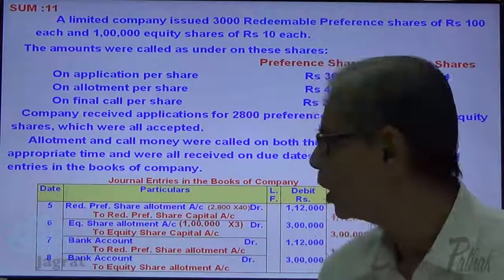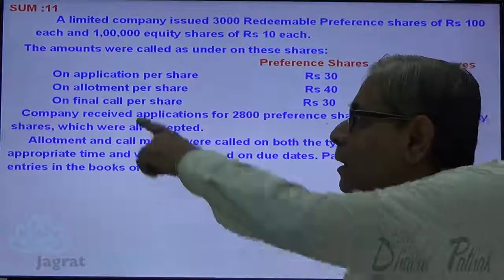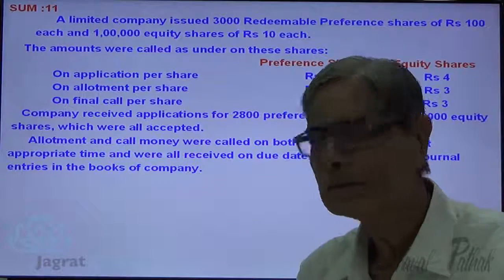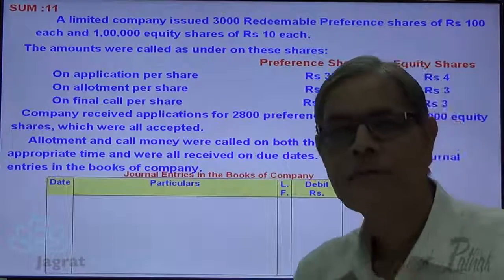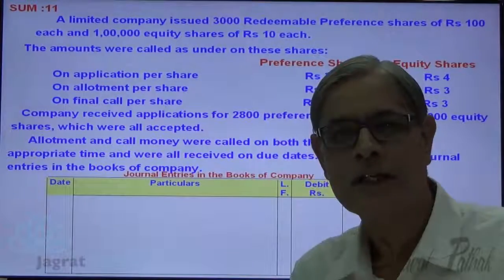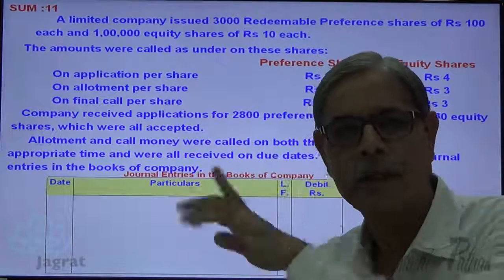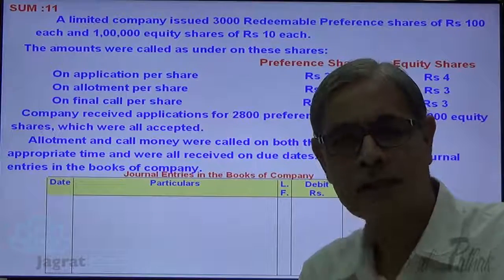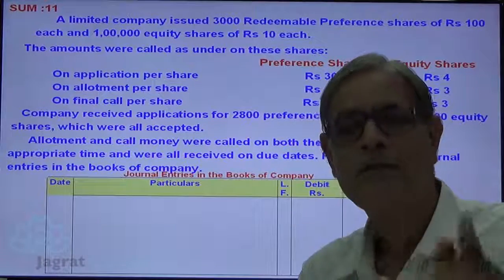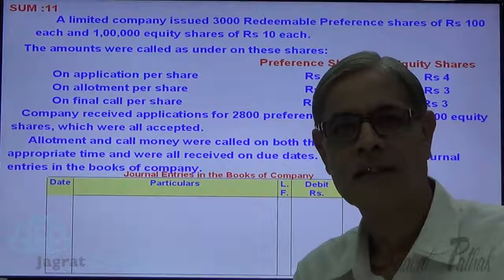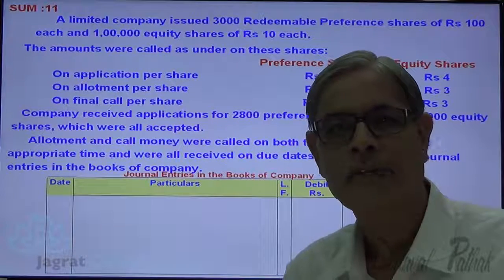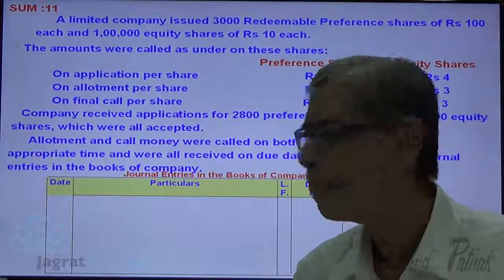Now I want to go for the journal entry for the final call. Same way, final call demanded on preference shares, final call demanded on equity shares, final call received on preference shares, final call received on equity shares. This is the sequence in which we shall write the entry.